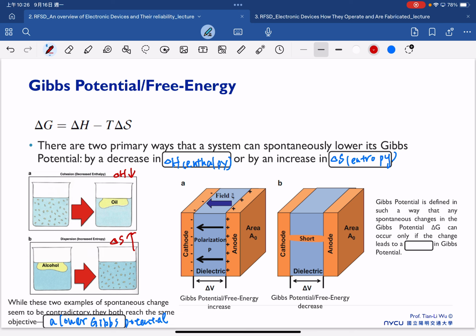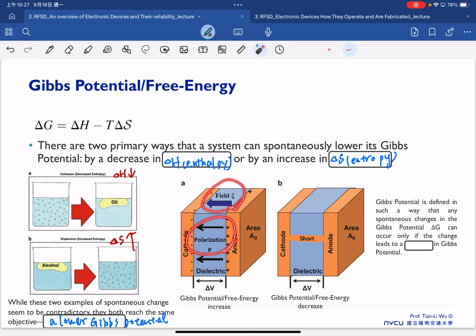The same concept can be applied to our semiconductor. This is one example. We have two metals on each side, and a dielectric in between. Because we have the positive bias on the anode and negative bias on the cathode, we start to have a voltage difference that leads to polarization and fields here.